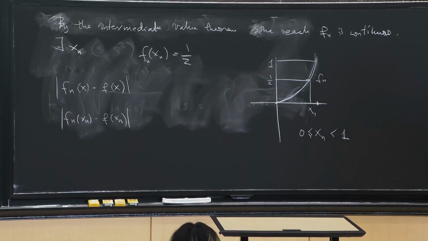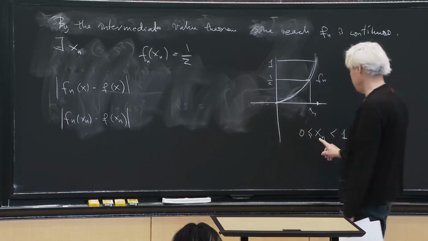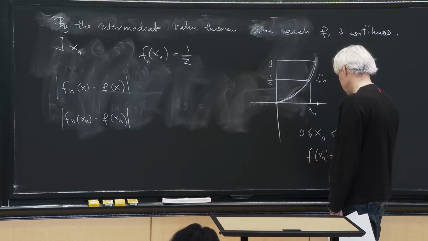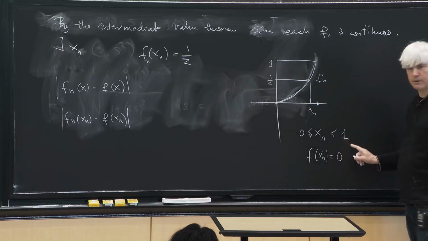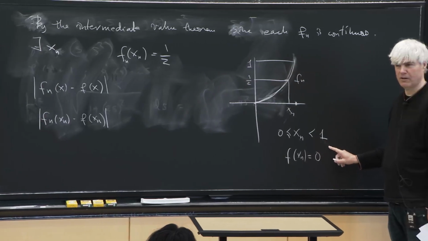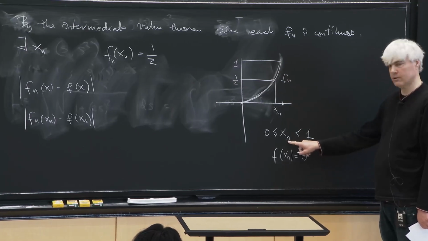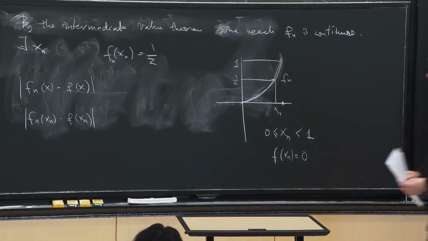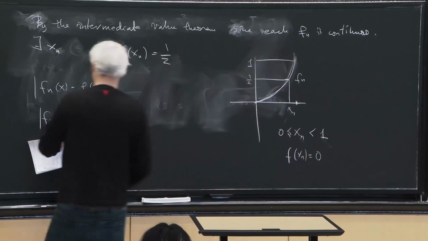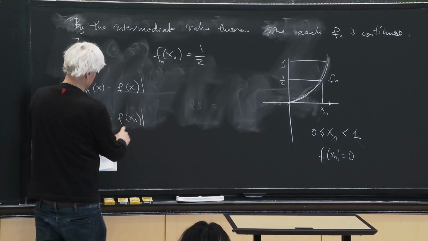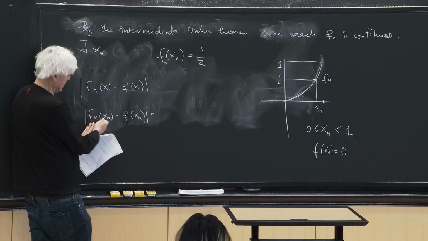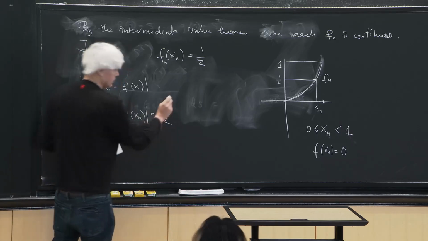So for each n, f at xn will always be 0, just because the function f is 0 except at 1, and this point is definitely not 1. So this is 0, and the absolute value is actually a half. So this is always a half.